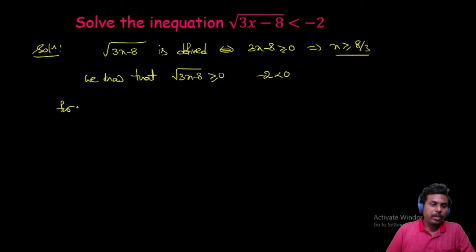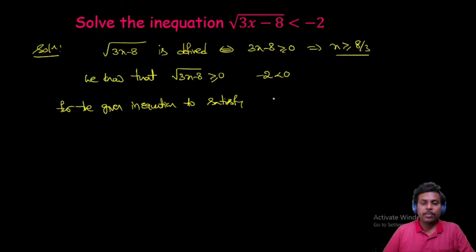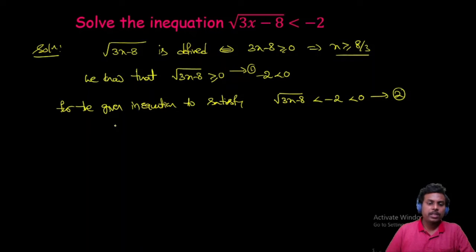So for the given inequation to be satisfied, what should happen? This under root 3x minus 8 must be less than minus 2, must be less than 0. So this 1 and 2 are contradicting each other.